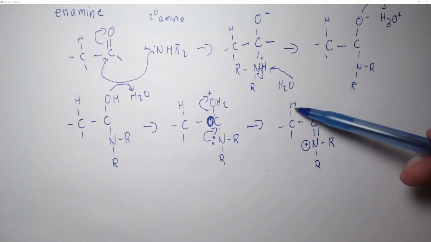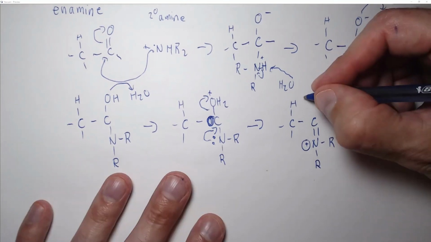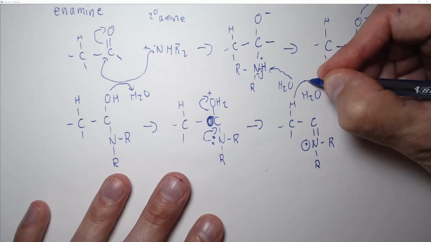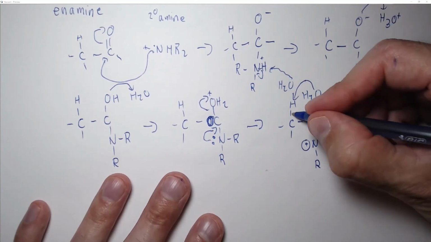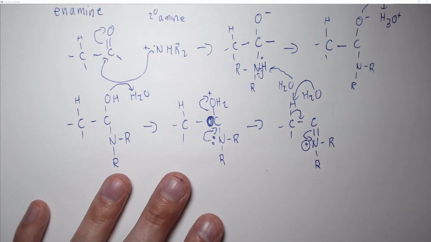Because if it loses this, then this can regain a neutral charge over here. So in this case, we have something, I'll use water, grabs this proton, like so. This shifts into a double bond, and that lone pair shifts back onto nitrogen.